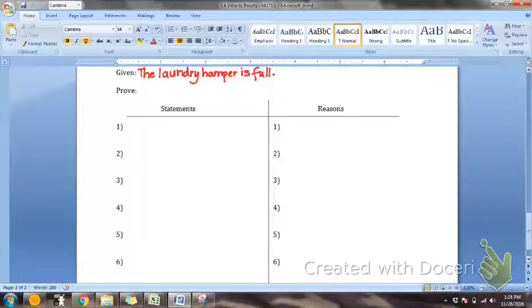What's going to go where the prove is, do you think? Okay, there is no geometry, not the word then, but whatever comes after the word then.